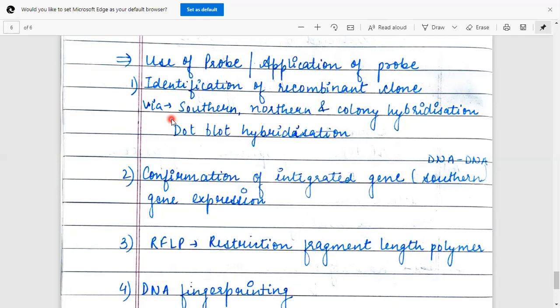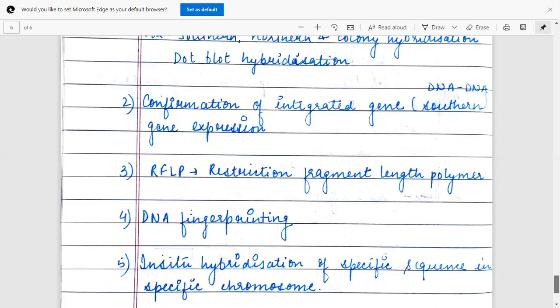The presence of the gene can be visualized through the complementary probe. Likewise, confirmation of the integrated gene: the gene of interest has been inserted into the vector, transformed, propagated and cloned, and its integration can be made clear through this.